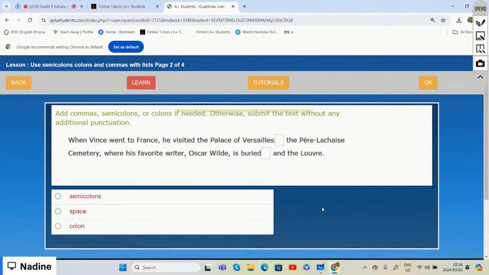So what are we using? Are we adding semicolon or are we adding a colon, basically? All right.